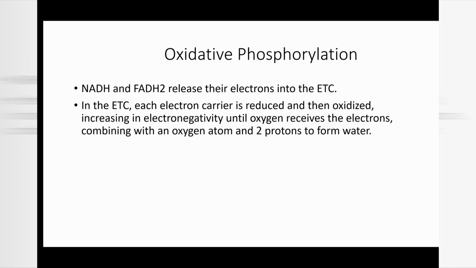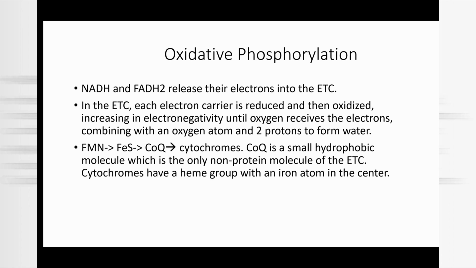In the electron transport chain, there are various electron carriers, starting at extremely low electronegativity, and the electronegativity keeps increasing until we have the final electron acceptor, which is oxygen. So you're going to form water when the oxygen receives its electrons and 2 protons, which are hydrogen atoms, combine to form water.